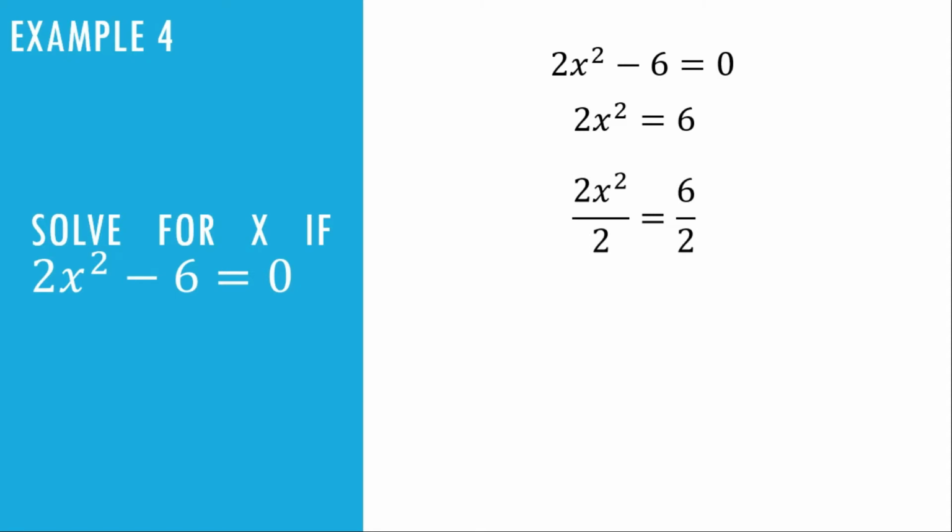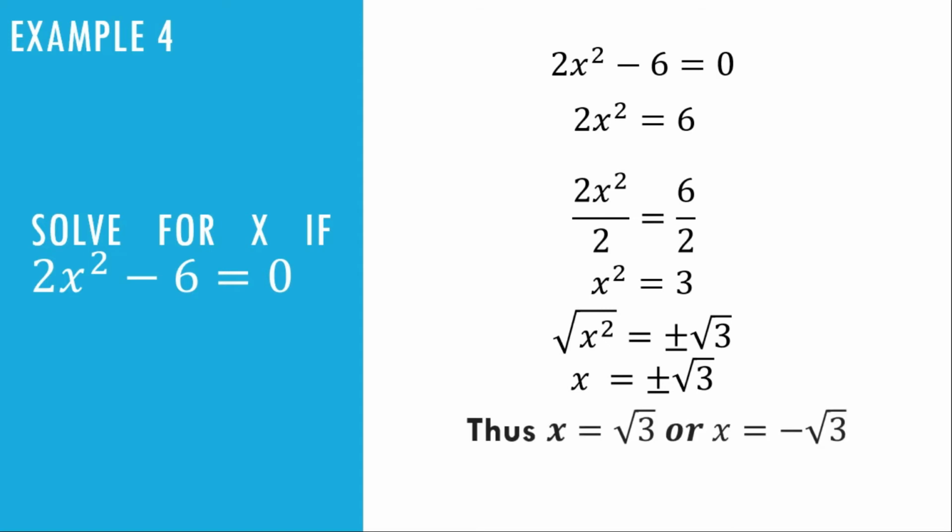Then, divide both sides by 2 by using multiplication property of equality. So, you will have x squared is equal to 3. Now, by using square root property, you will have x is equal to positive negative square root of 3. So, yan dalawa yung magiging value ng ating x.